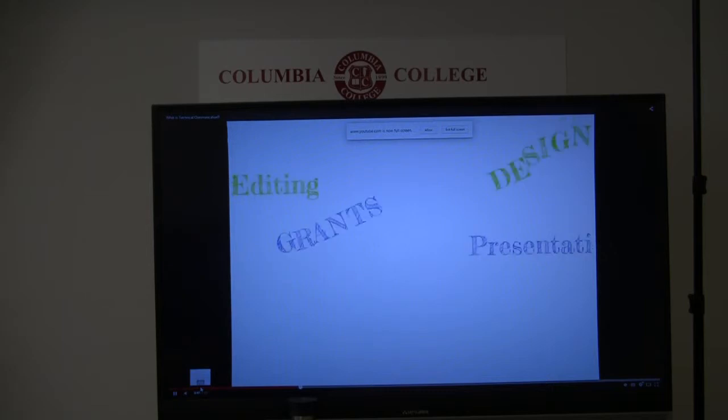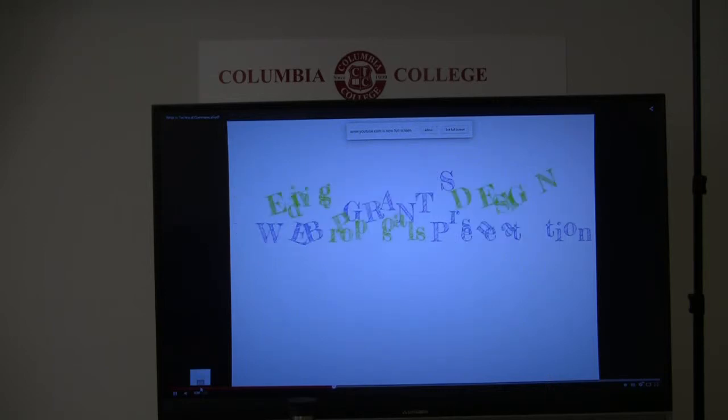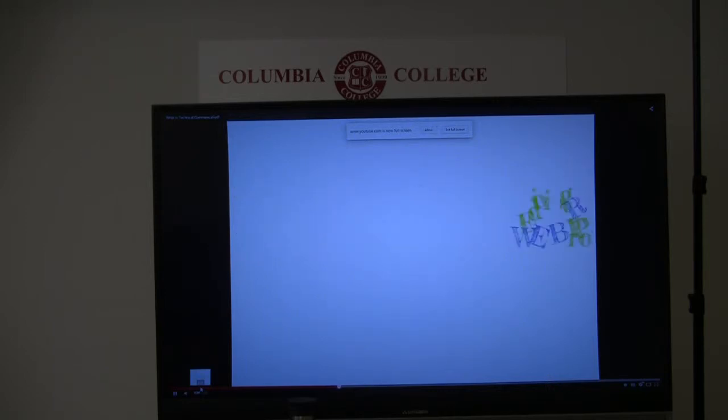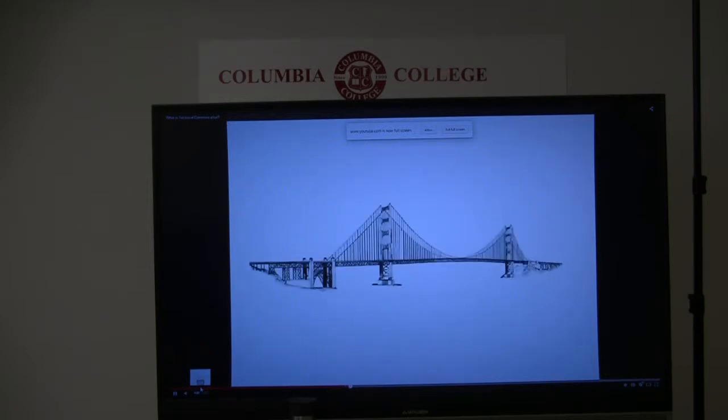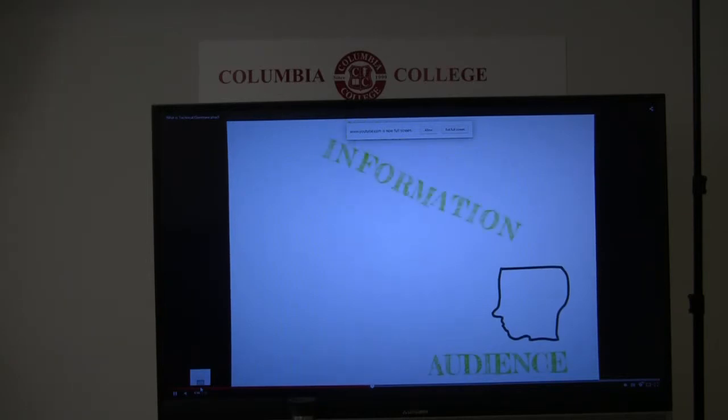But technical communication isn't just about forming clear sentences. It's editing, writing grants, designing documents, creating presentations, writing proposals, and designing and managing web content. And that's only a little of what technical communicators do. The technical in technical communication isn't restricted to engineering or other highly technical information. Technical communication is any type of communication that relays information and focuses on the audience's needs.